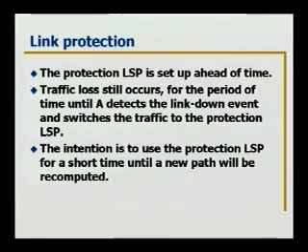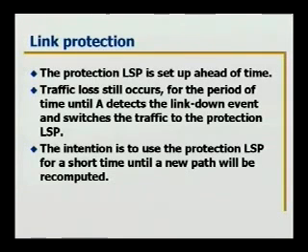Second, traffic loss is still going to occur, because there is a delay until A figures out that the link went down, and then switches the traffic to the protection LSP. Now the question is, what is the amount of time that we're going to lose traffic?